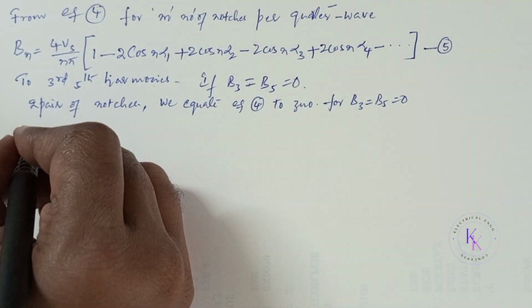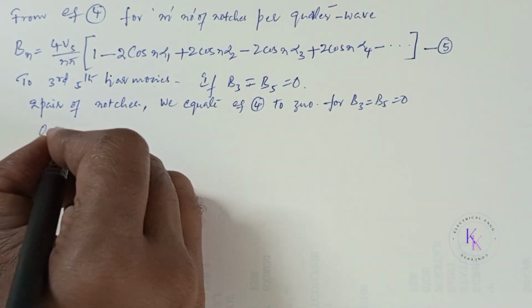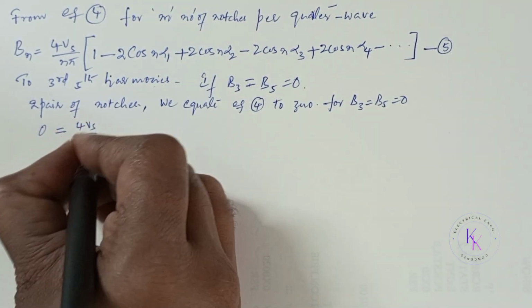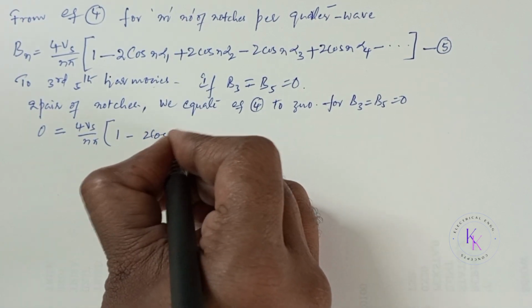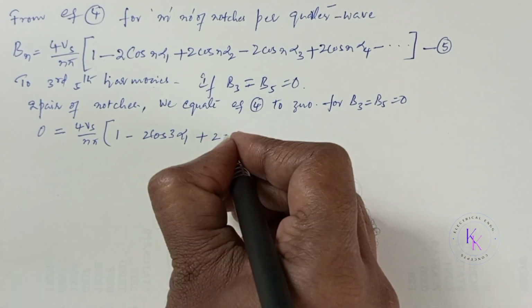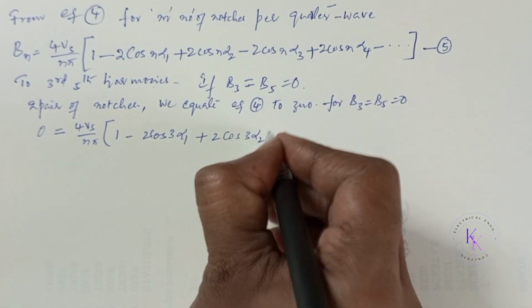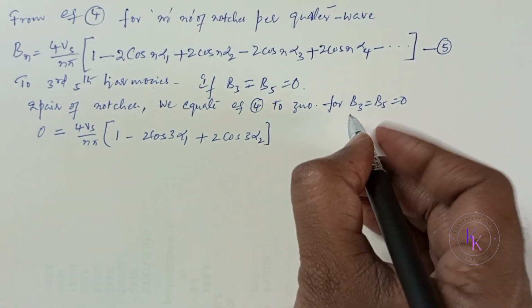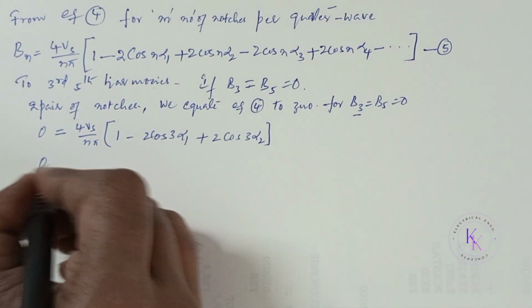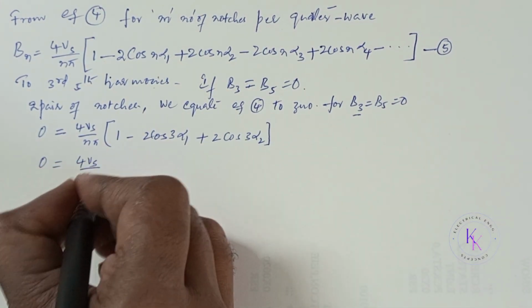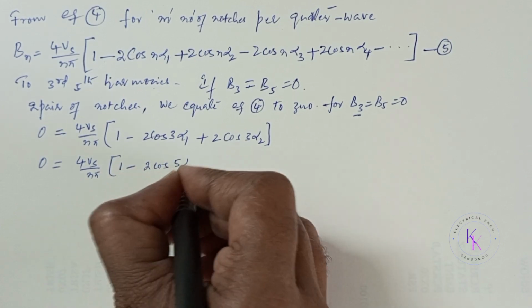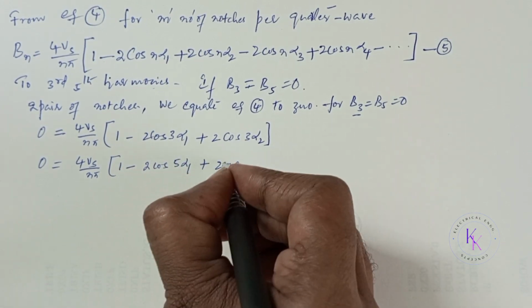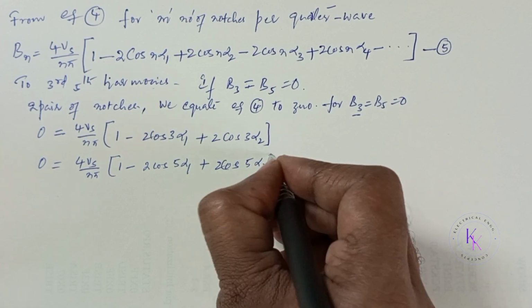Then we get 0 equals 4 Vs by n pi of 1 minus 2 cos 3 alpha 1 plus 2 cos 3 alpha 2 for the third harmonic. Then for the fifth harmonic, 0 equals 4 Vs by n pi of 1 minus 2 cos 5 alpha 1 plus 2 cos 5 alpha 2.